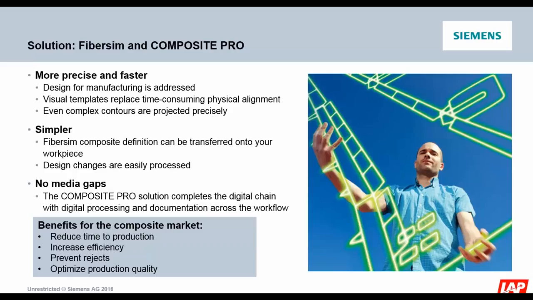It removes, shall we say, the manual templating and scribing on the mold itself, and also the physical alignment of the tool and physical alignment of the boundaries. The data that comes from the CAD system and then gets passed to LAP's solution allows you to do that much quicker and with much more precision than you were able to do with templating and scribing.